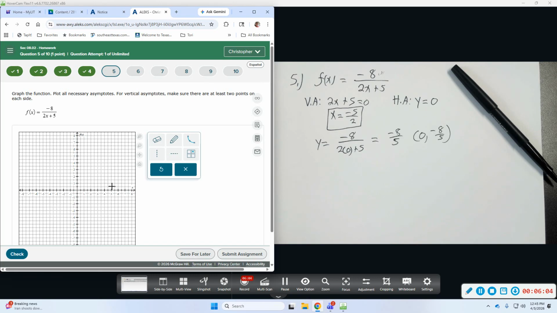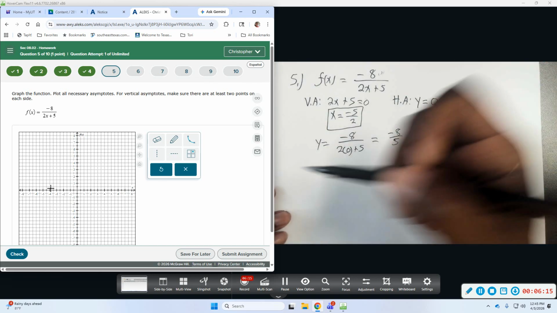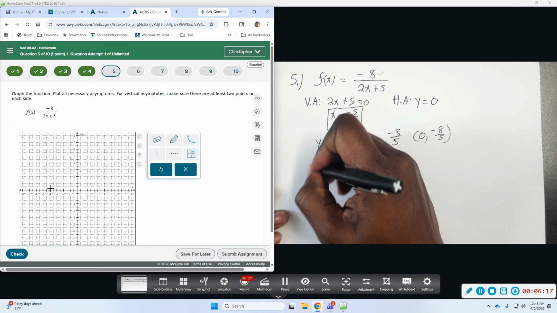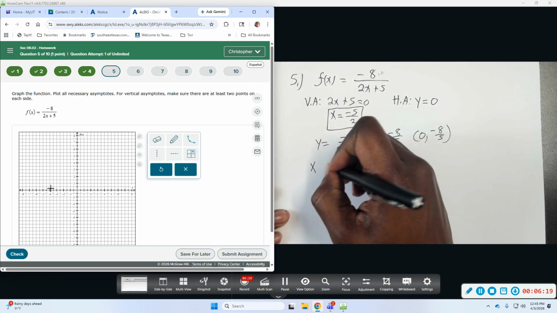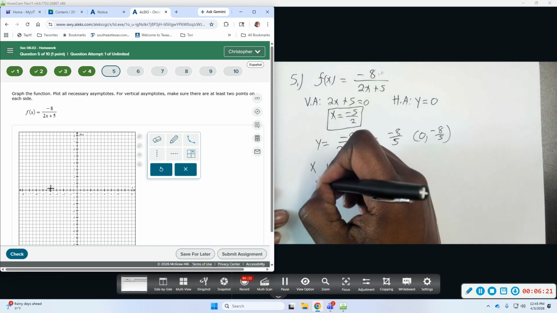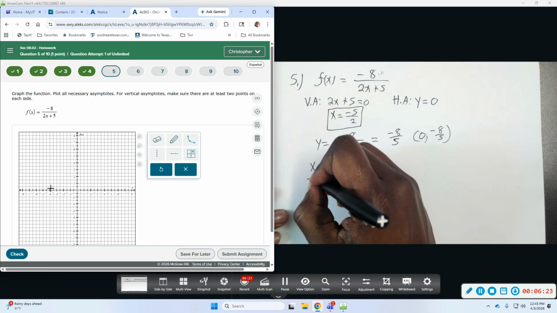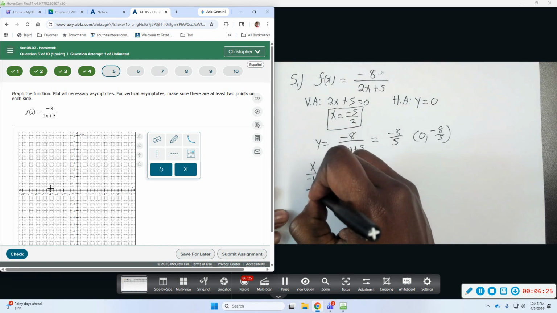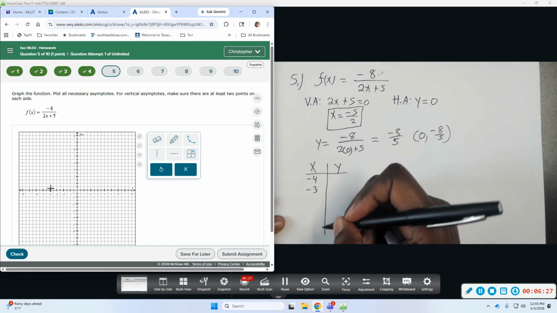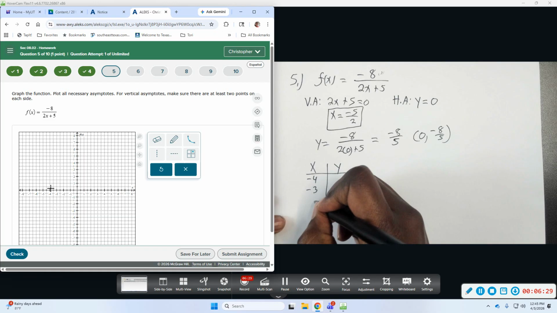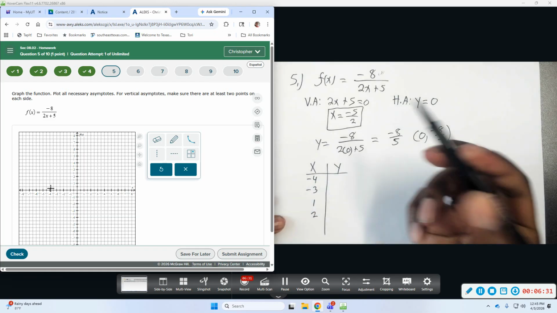So we can plug in -3, -4 if we want, and just find some values. And then we'll plug in 2 on the right. Let's just go with +1 and 2. Those would be nice to work with.